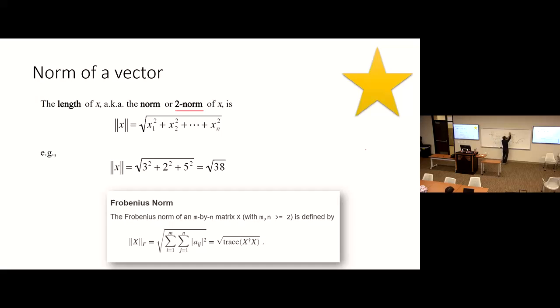For example, the L1 norm will just be x plus y, maybe. So you have to check the definition, but this is the definition of the regular one. If you don't write anything around this double vertical bar symbol, then we're talking about the L2 norm, and that's basically how long this vector is.